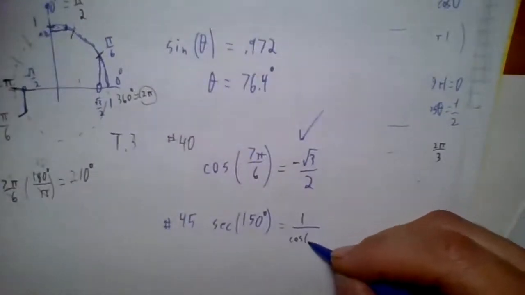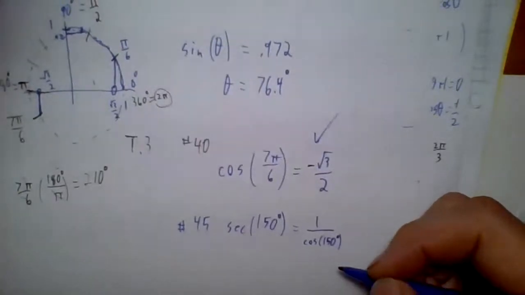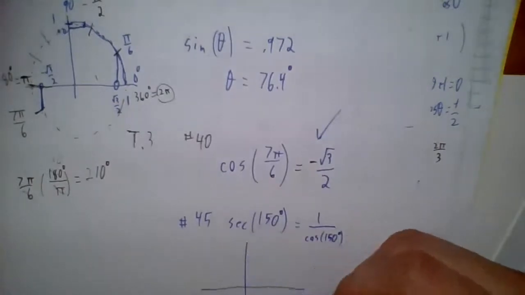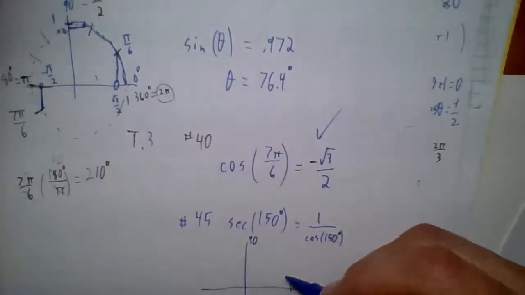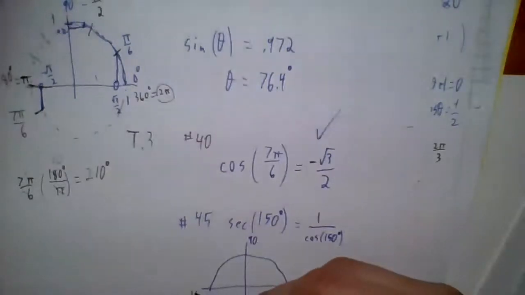Well, I have to think about what the cosine of 150 is. So 150 degrees is going to be in that second quadrant. If I think about the picture now, I know stuff between 0 and 90 degrees. I'm back in degree thinking. But if you go past 90, this is 180.